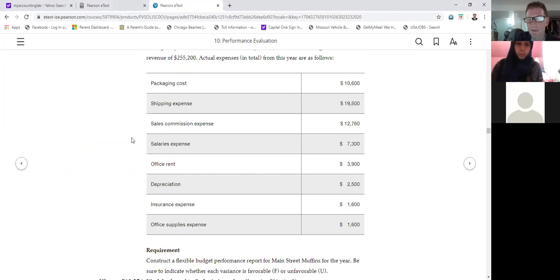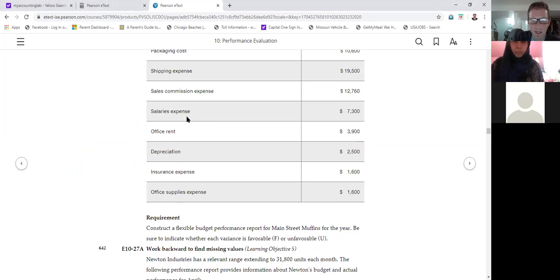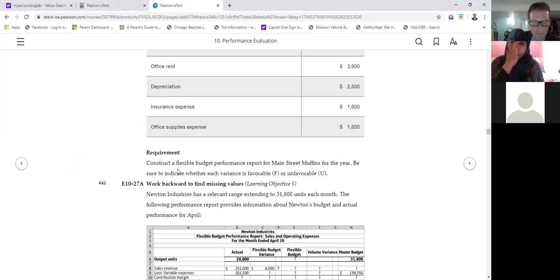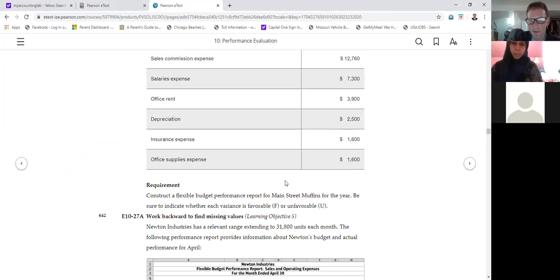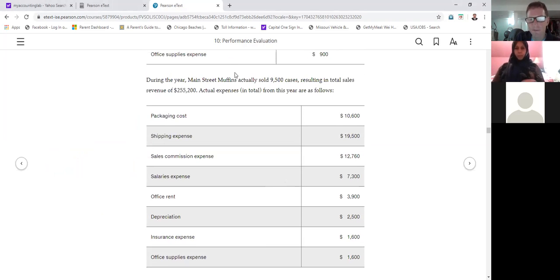Notice they didn't put any of this into any sort of format. They just listed your cost and they listed your sales revenue. It says construct a flexible budget performance report for Main Street Muffins for the year. Be sure to indicate whether each variance is favorable or unfavorable. So this problem wants you to do a flexible budget.